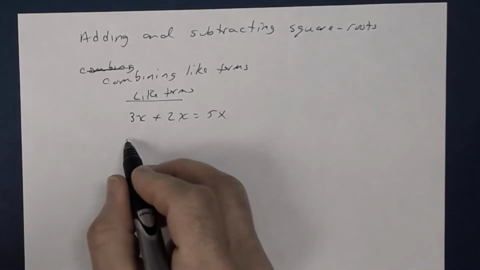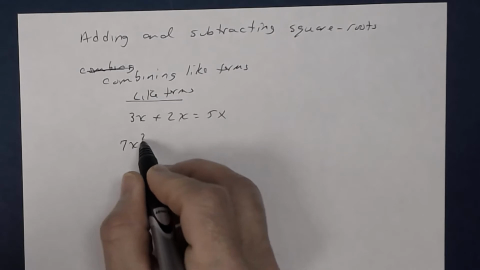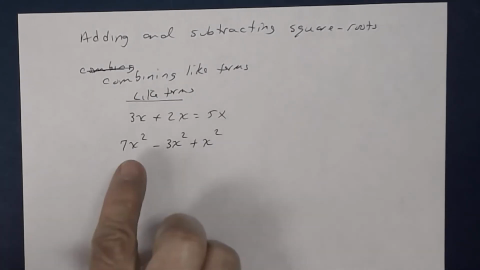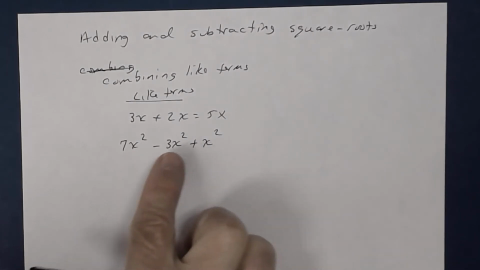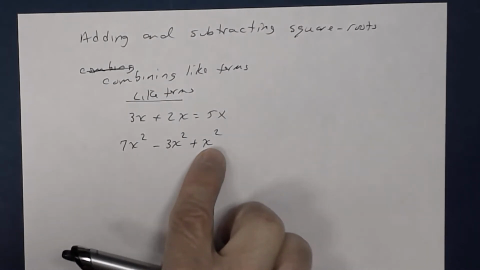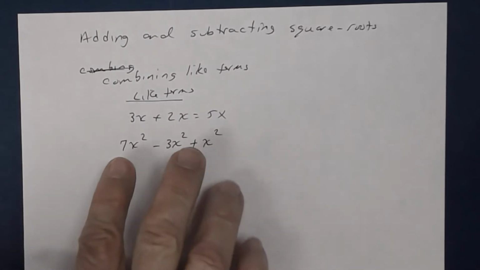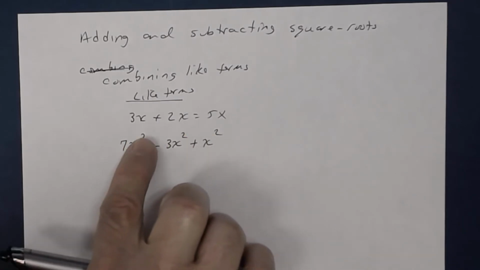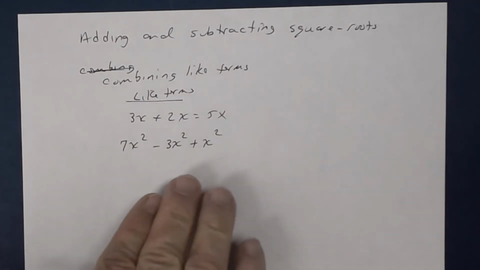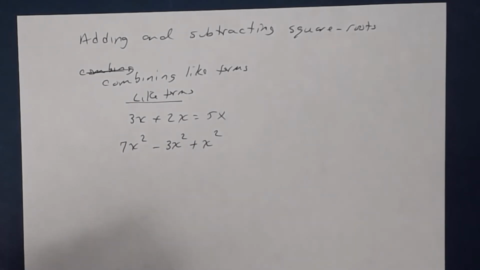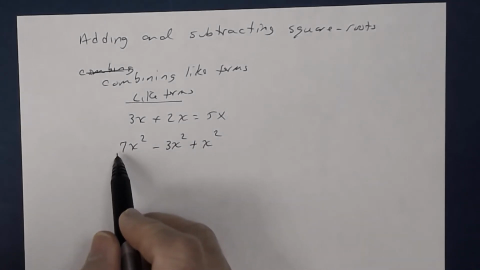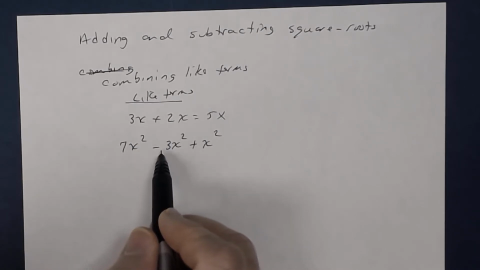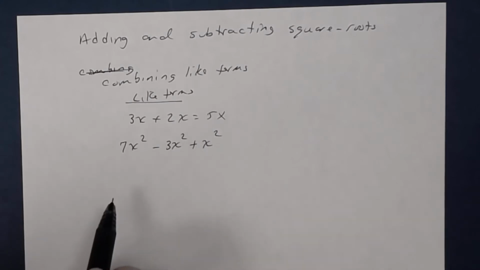Okay. We also saw something like this where we had 7x squared minus 3x squared plus x squared. So notice that all these three terms are like terms. They all contain the variable x raised to the same power, x squared, x squared, x squared. And what we did when combining these like terms was we added their coefficients. 7 plus a negative 3 is 4. 4 plus 1 is 5.